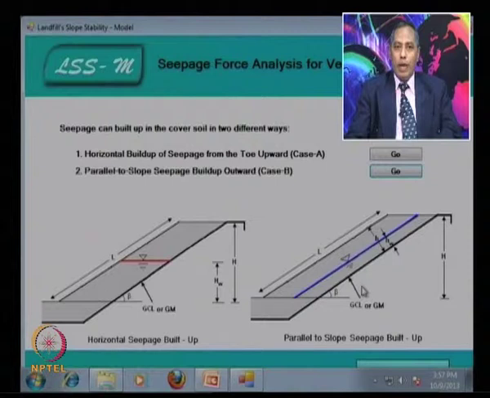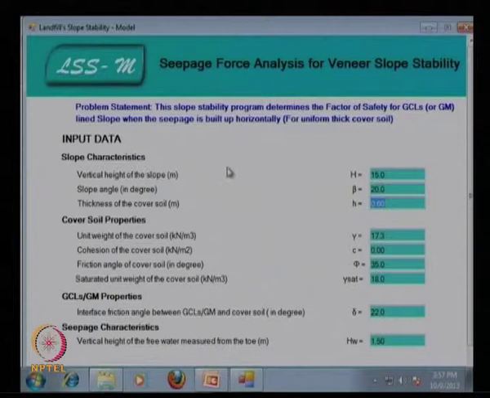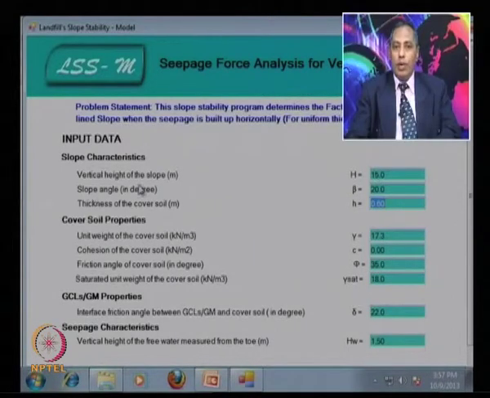You can also determine the seepage force analysis for beneath slope stability when the seepage is parallel to the slope. So, if it is a horizontal buildup, this is the problem statement: the slope stability program, determination of factor of safety for geosynthetic clay or geomembrane lined slope when the seepage is built horizontally for uniform thickness cover soil.